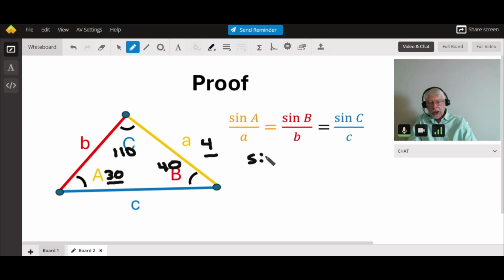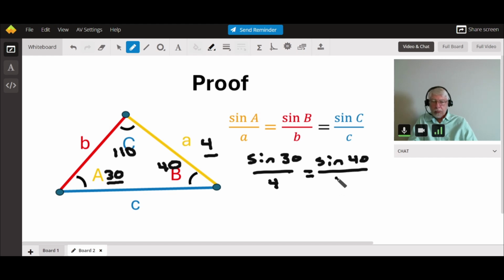So I could say the sine of 30 over 4 is equal to, well, B is 40, so the sine of 40 over b. And I could round to the nearest tenth when I'm doing this example. Your teacher is going to tell you what to round to. We're going to round to the nearest tenth.